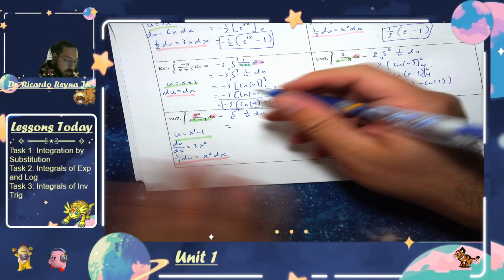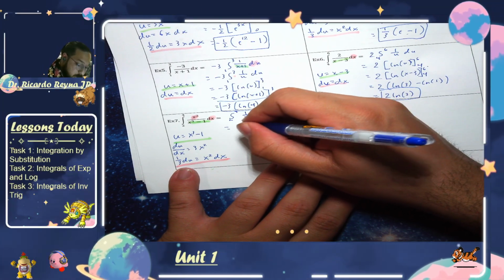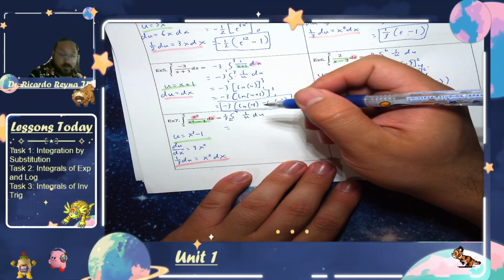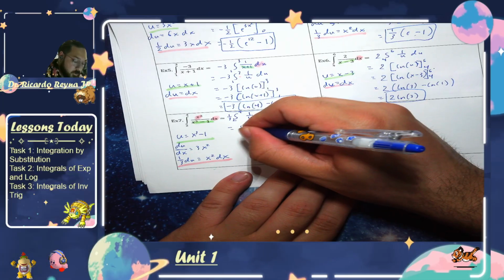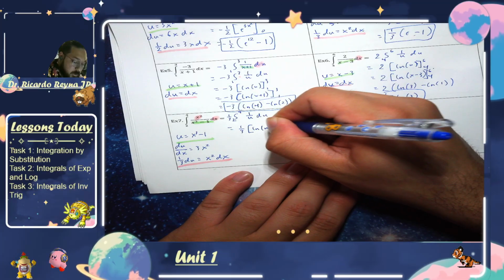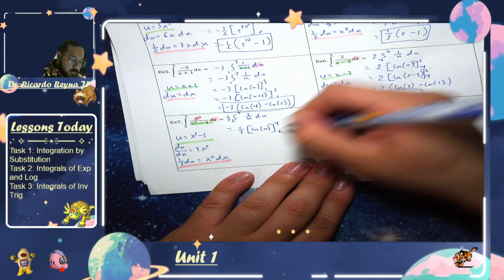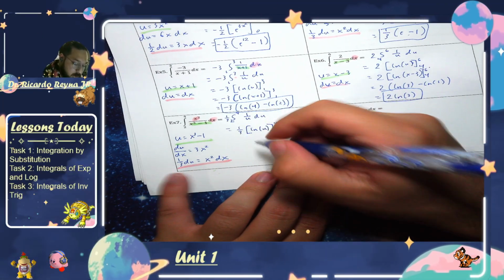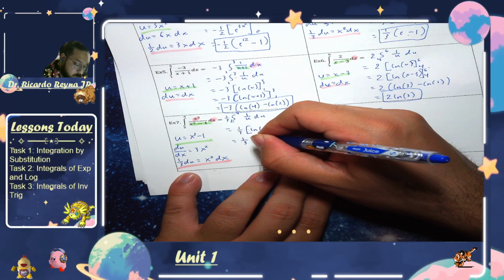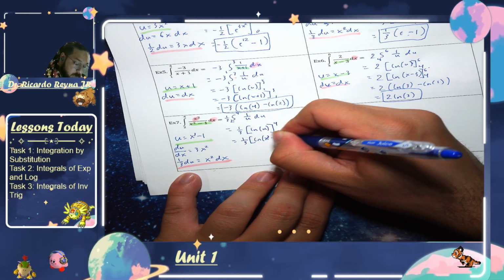And then from here, I'm going to go ahead and, oh, I forgot the 1 over 3. Excuse me, I was going a little too fast. So 1 over 3 ln of u, and then I have 4 to 2, and then I plug in back that u expression. x to the power of 3 minus 1.